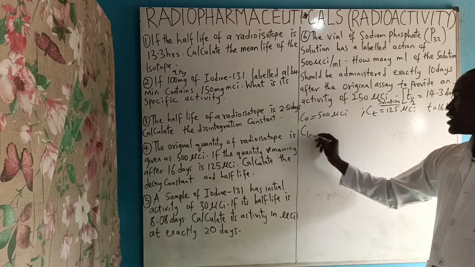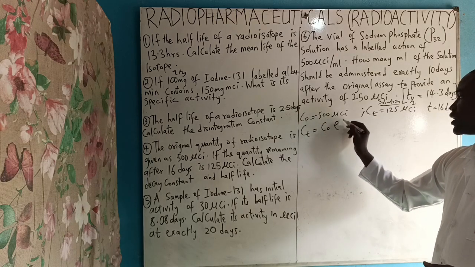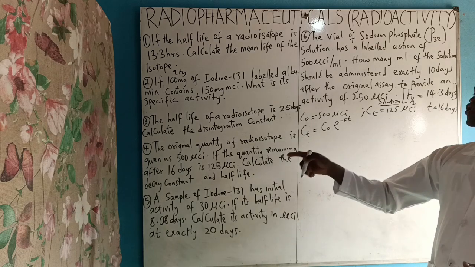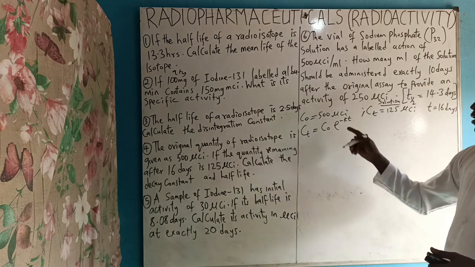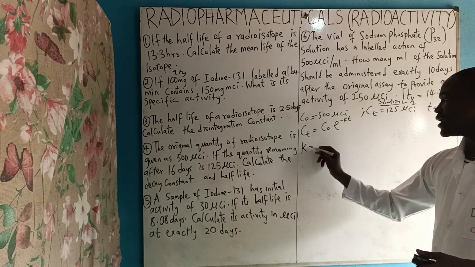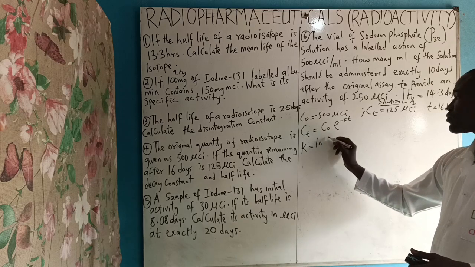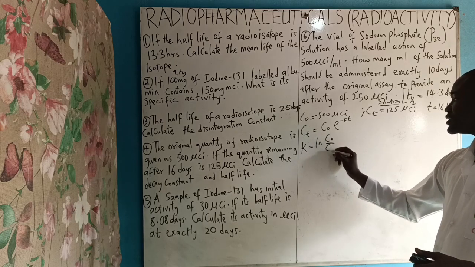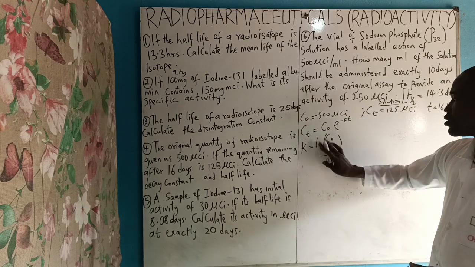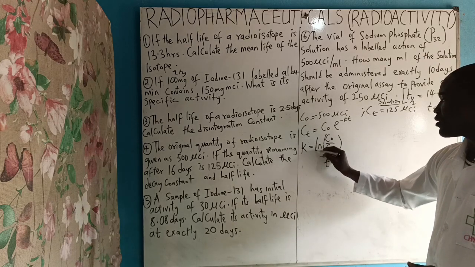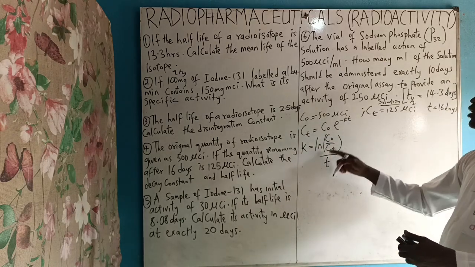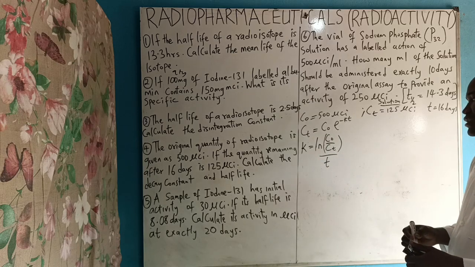We recall that we had this formula, CT equals CO exponential minus KT, right? Because they asked us to get our half-life and the decay constant, we tell them that the decay constant K is equal to ln CO over CT all over T, time.